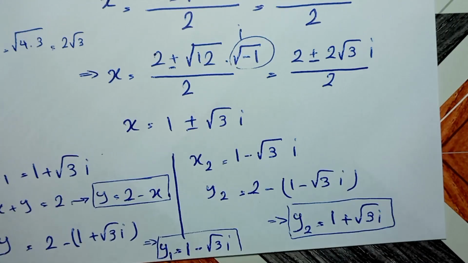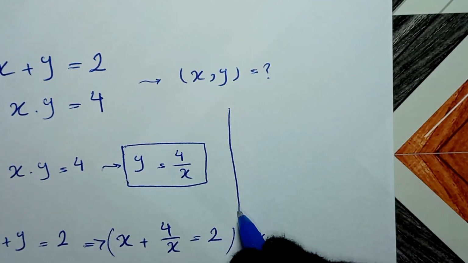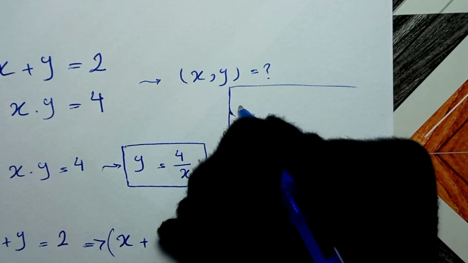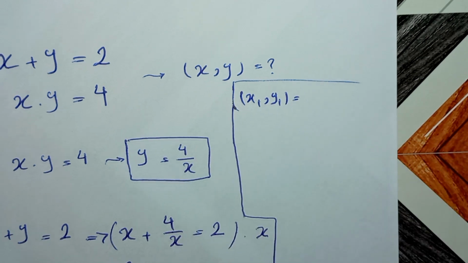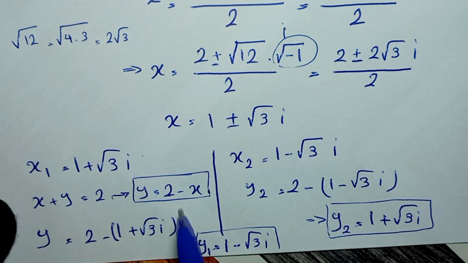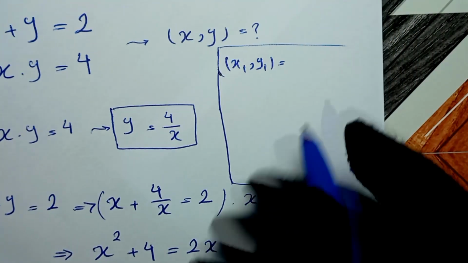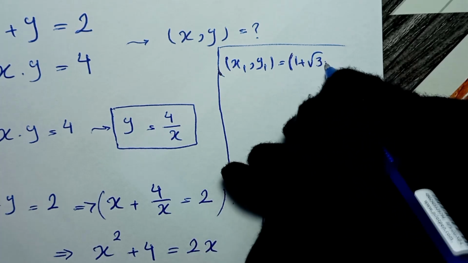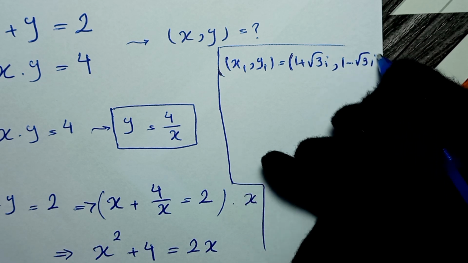So here our answer for x and y: for x1 and y1, x1 is 1 plus square root of 3i and y1 is 1 minus square root of 3i. So we write 1 plus square root of 3i and 1 minus square root of 3i.